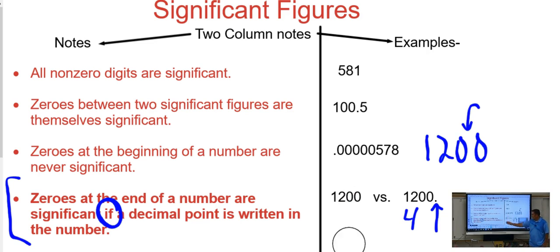The lack of a decimal here means we know it's somewhere between 1 and 2,000. That's a pretty broad range. It's somewhere between 1 and 2,000. This one means it's somewhere between 1,200 and 1,300, which is a lot more accurate.